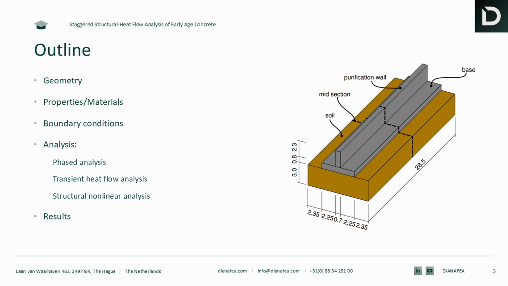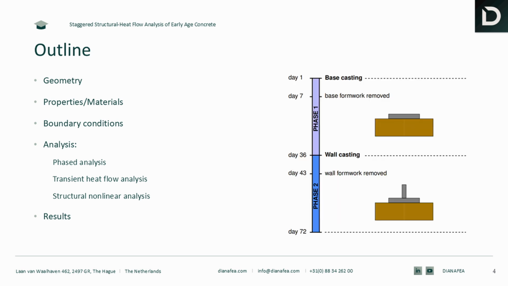And then we will set up an analysis for this simulation. There are three types of analysis that are used in this model. The first type is phase analysis. In the first phase, we will simulate the casting of the base wall on top of the soil layer. And in the second phase, we will simulate the concrete wall building on top of the base.